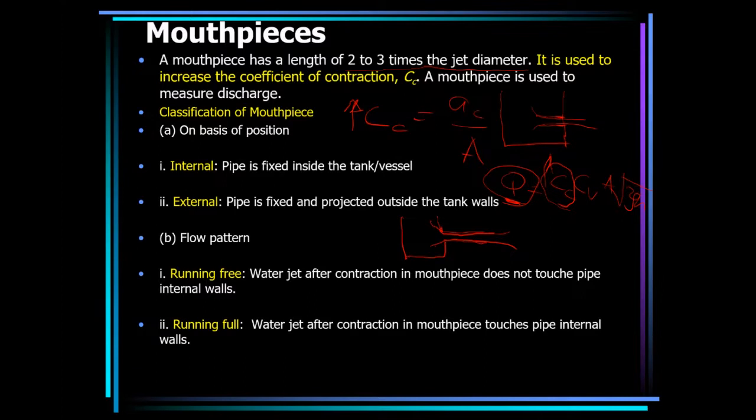The second classification is based on the flow pattern. Here you have running free and running full. What do you mean by running free? It is when the water jet, after contraction in a mouthpiece, does not touch the pipe internal walls.